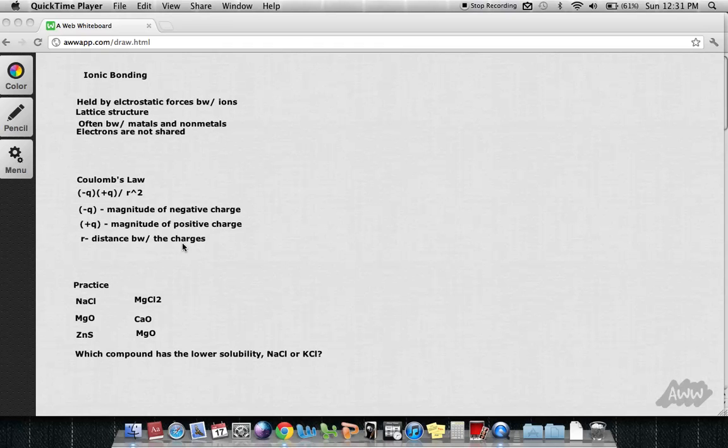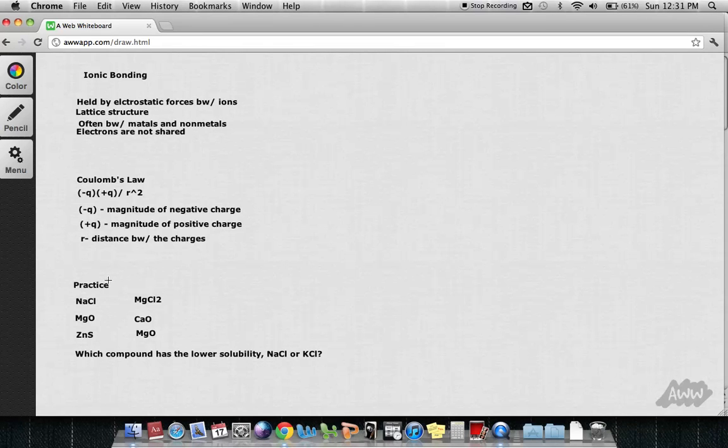Some of the questions they will ask you will be like, identify between NaCl and MgCl2 which one has a stronger ionic bond. The way you do this is look at the charges for each of the elements within the compound.